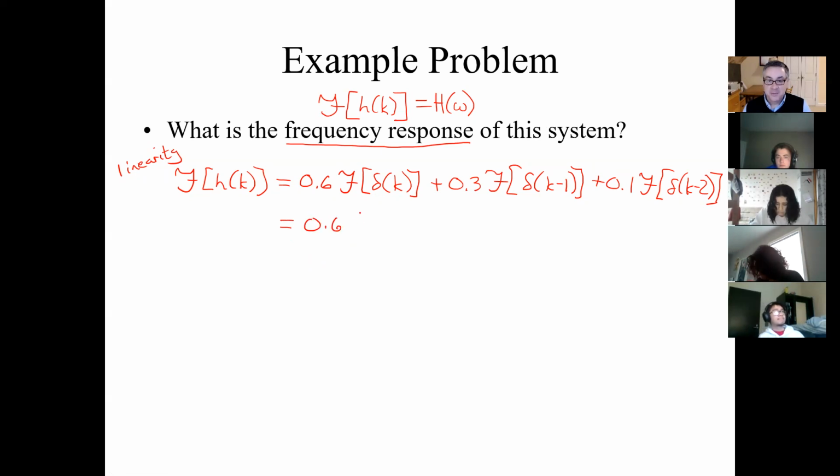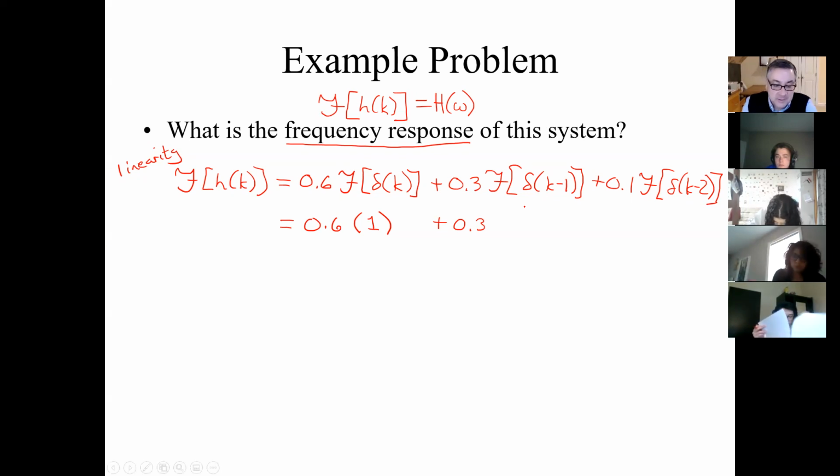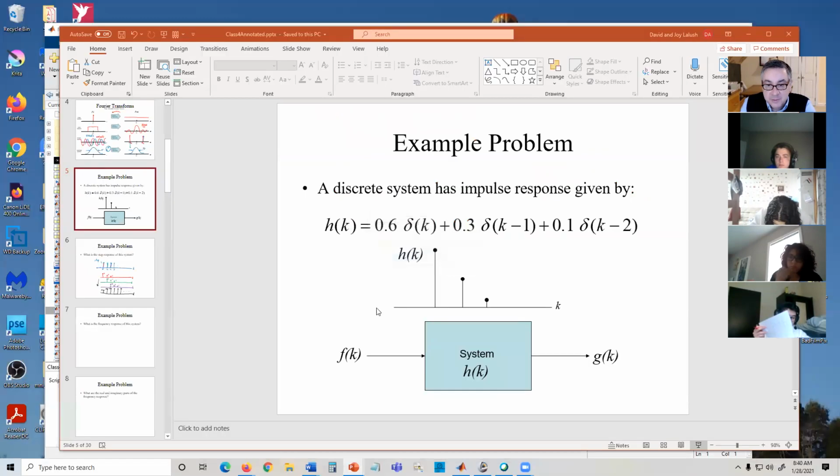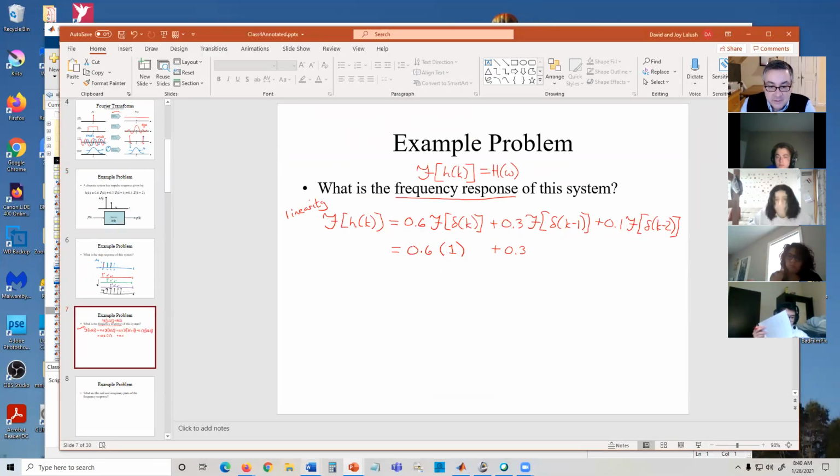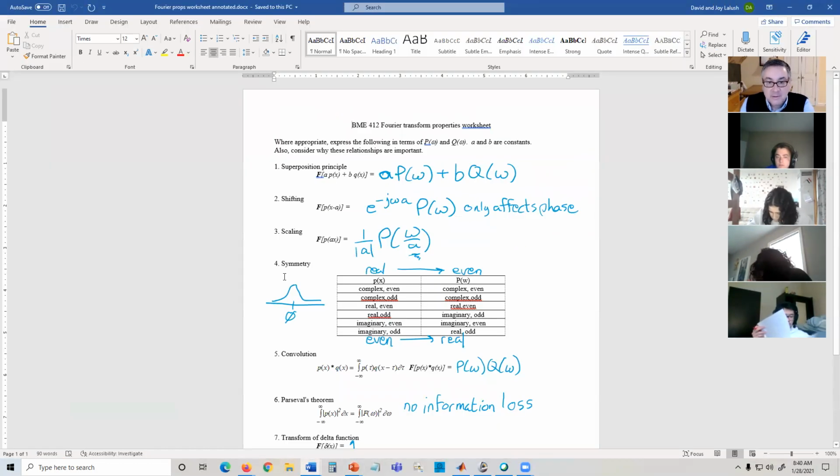Well, the Fourier transform of a delta function, which was also on our sheet, is 1. Okay, so that part is simple. Now, the Fourier transform of a shifted delta function is no longer 1, but if I just jump out of here for a second, you recall this shifting property.